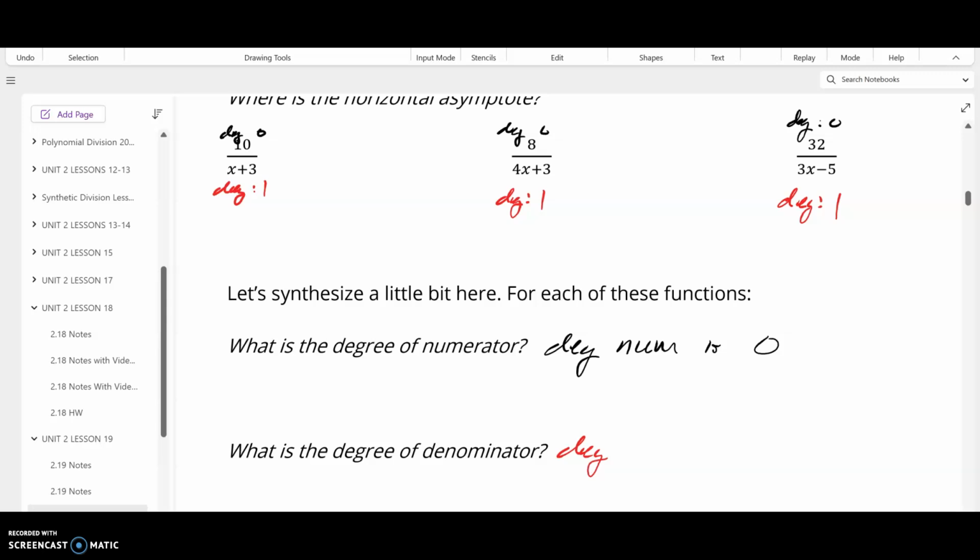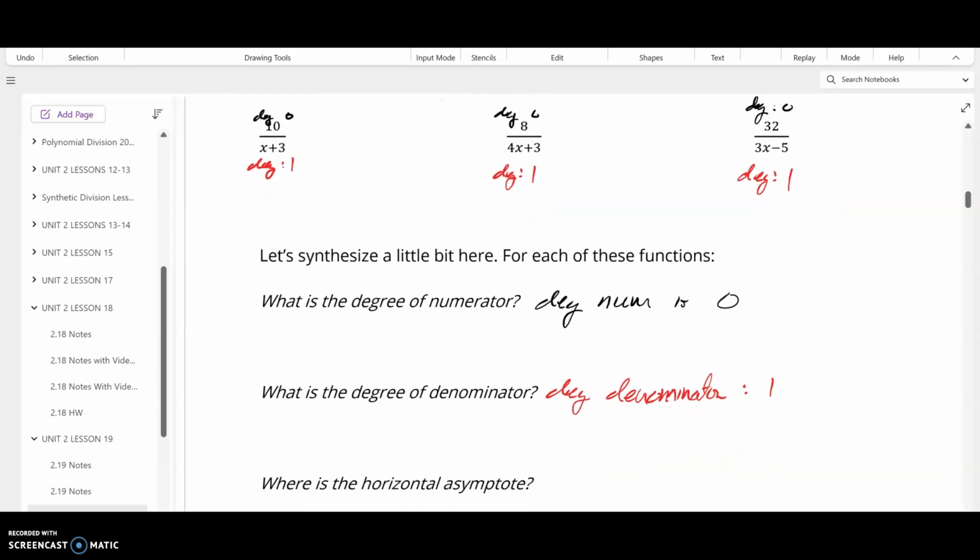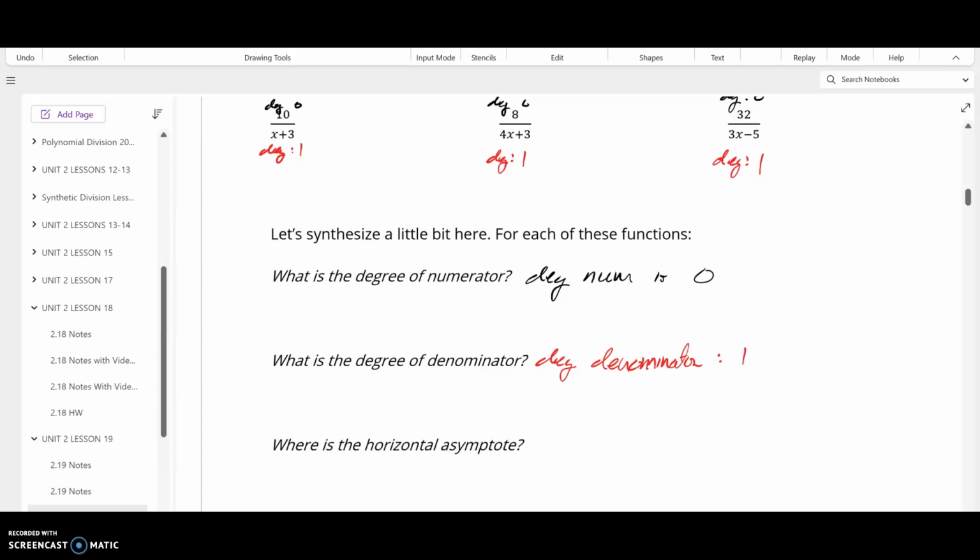So the degree of the denominator is a 1. Where's the horizontal asymptote? So we talked about the fact that my horizontal asymptotes are all at y equals 0 for all three of these functions.